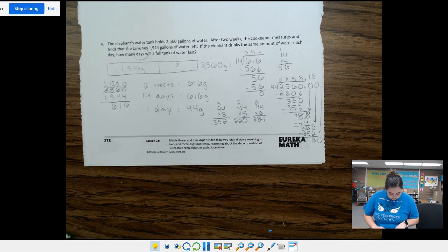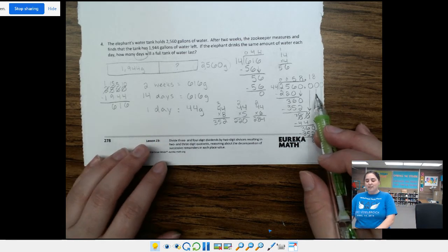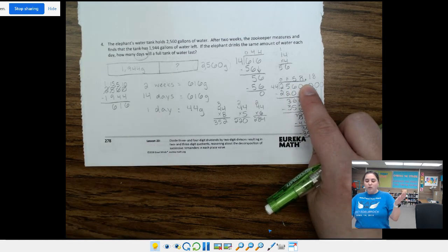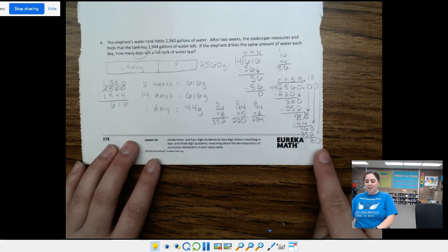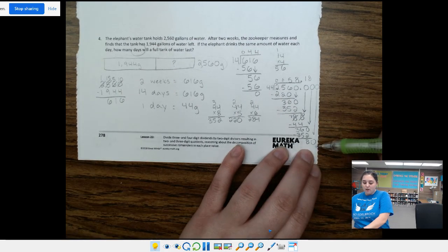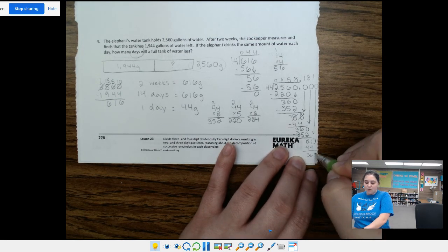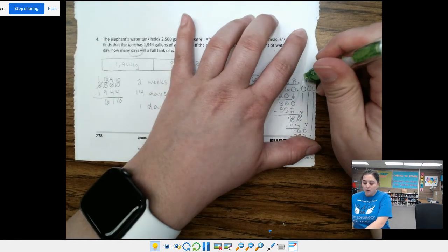The answer in the book just says they would get 58 gallons of water with just a little bit left over. So we even did more work than necessary because, like I said, 44 would go into 80 one time, which would be 44. You subtract and get 36 again, which means you bring down a 0. So that 1, 8 would just repeat over and over again.